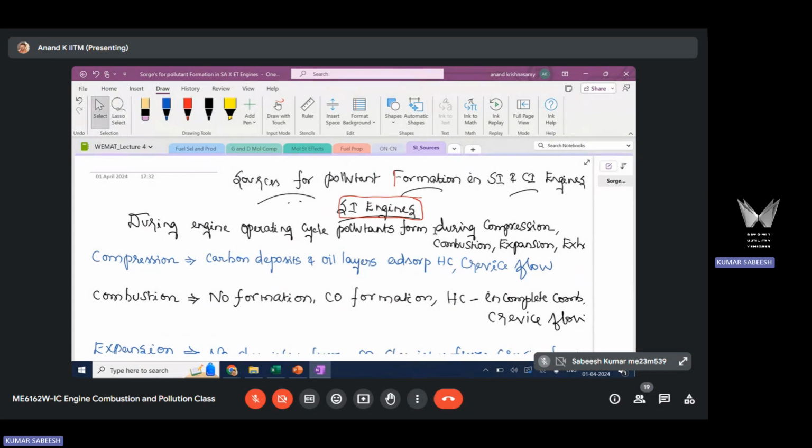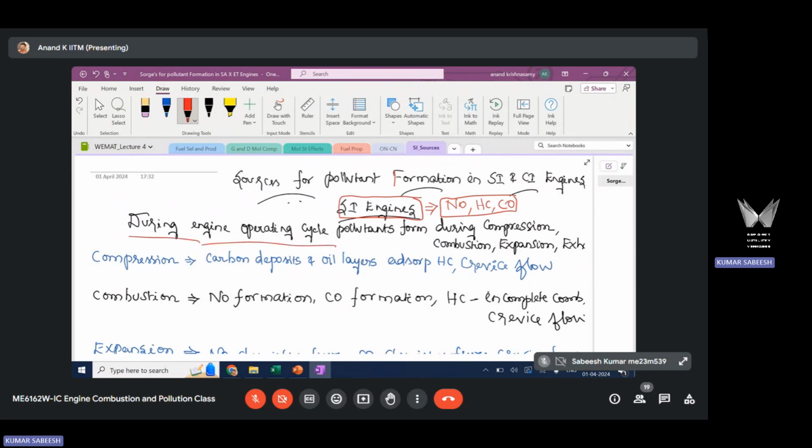You know that in an SI engine, you have NO, unburned hydrocarbon, and CO. These three are the primary pollutants formed in a spark ignited engine. Now we are going to look at what the sources are for forming this NO, UBHC and CO in a typical engine operating cycle. It's very important to understand these sources. That's what we are going to look at.